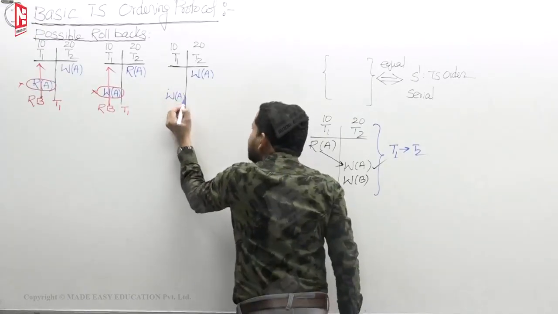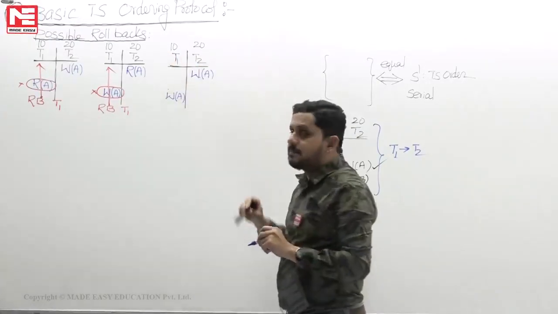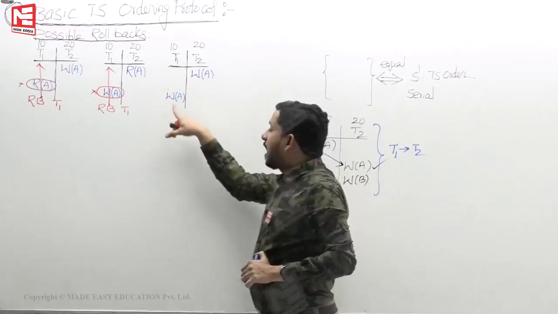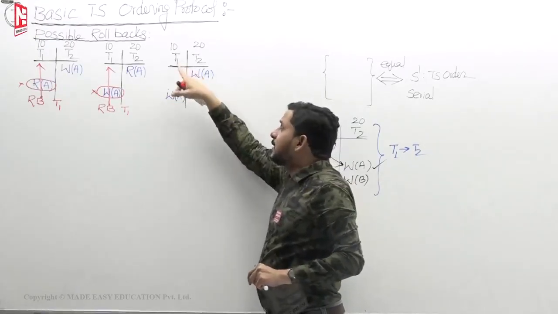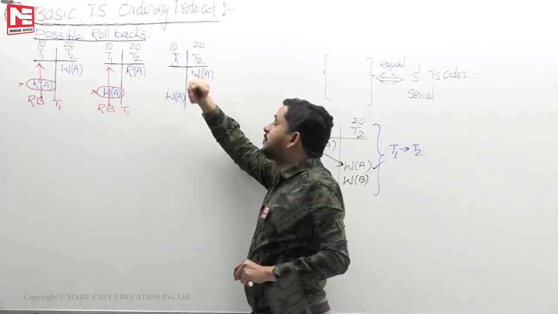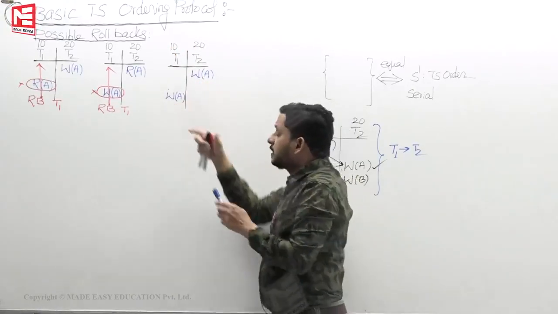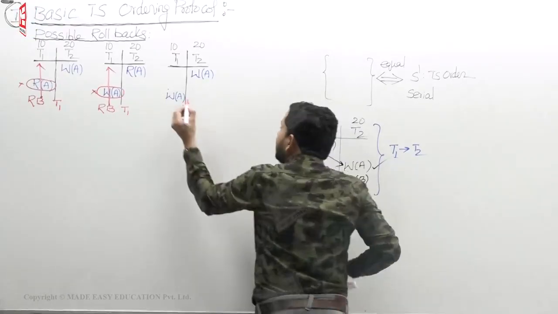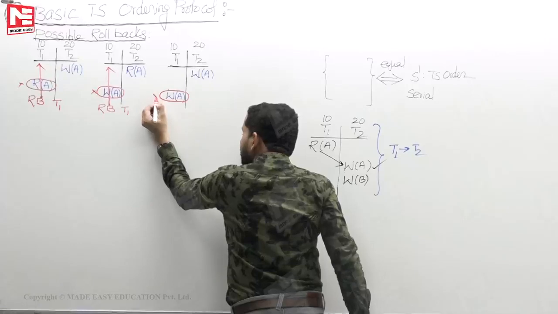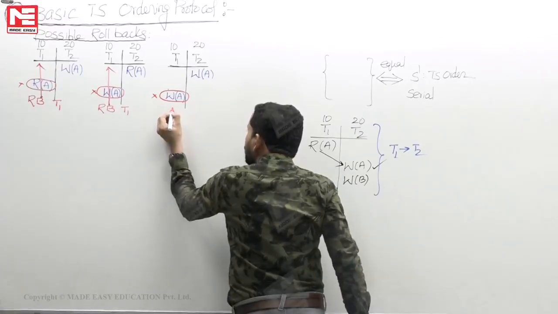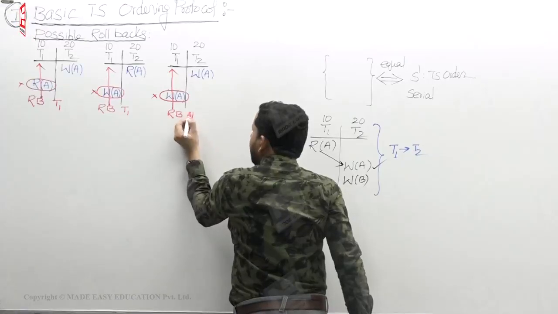If you allow this write, the equivalent serial is not based on timestamp order. If you allow this write, the equivalent serial is T2 before T1, but the timestamp order is T1 before T2. So if a younger transaction has already done the write, the older transaction's write request is not allowed. We not only discard this write, we also roll back the transaction.